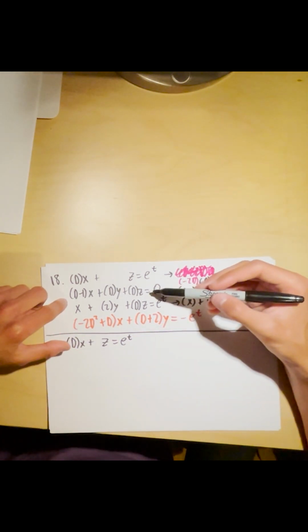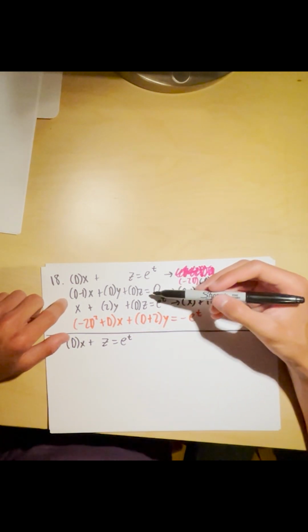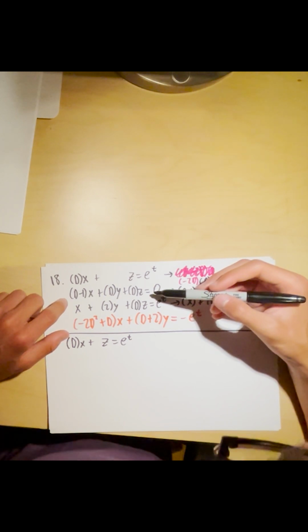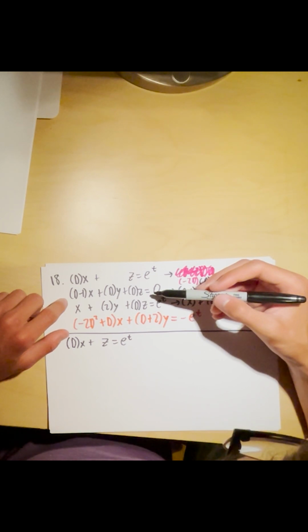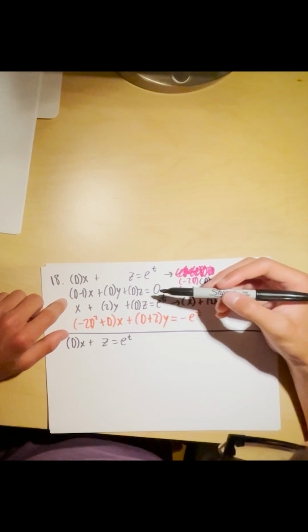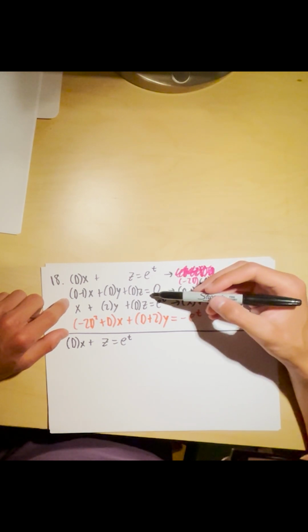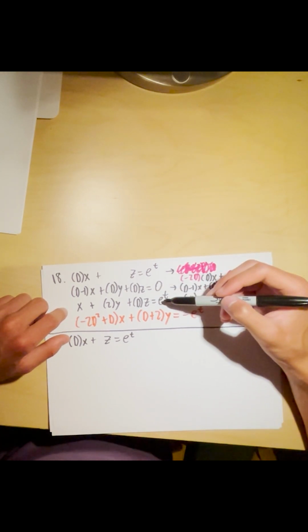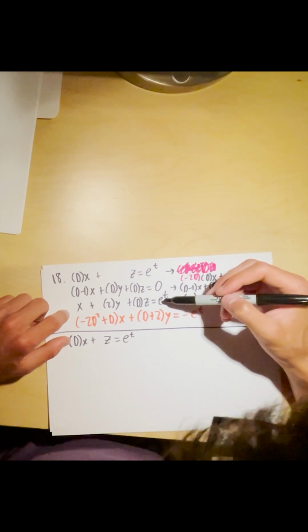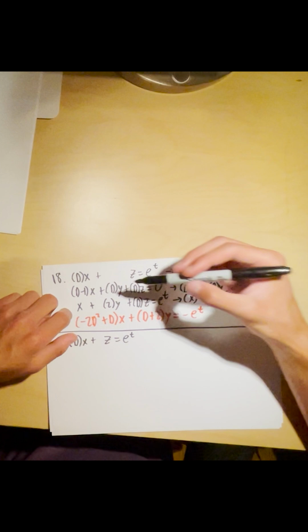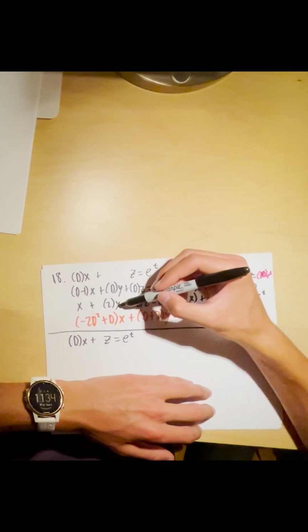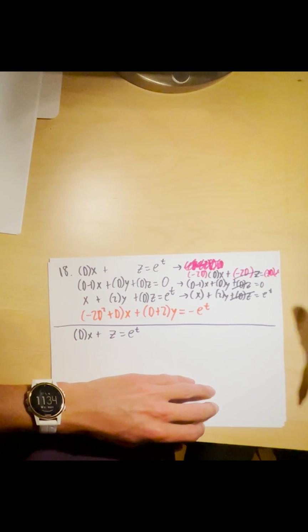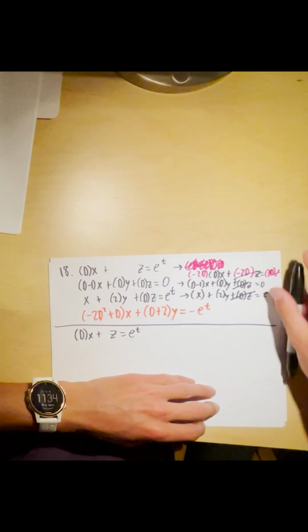Second one, I'm going to multiply this equation through by negative 2, and this equation through by D, and that will get a negative 2Dy here and a 2Dy here, which will be able to cancel out later.